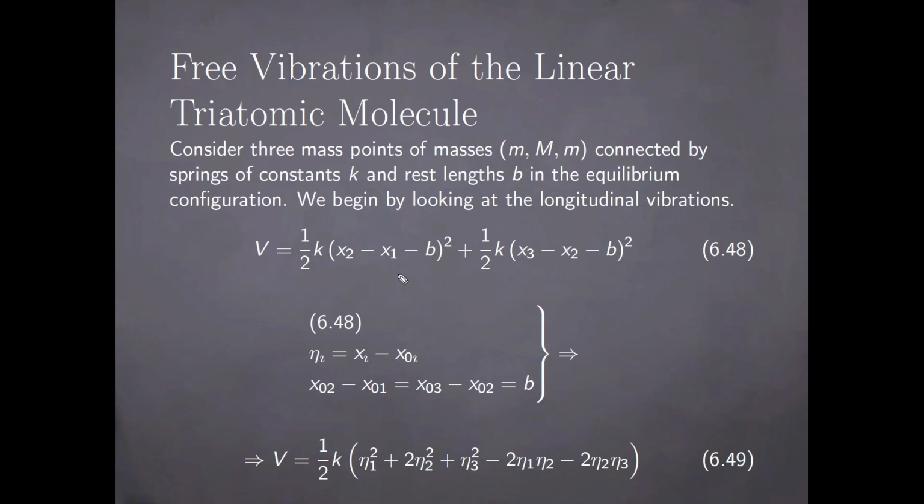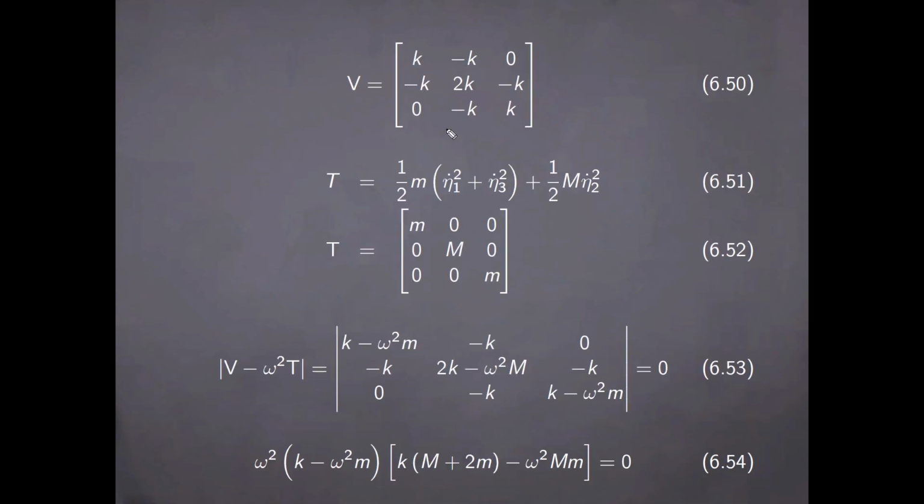So by using these transformations in the form of the potential energy given here, we can obtain this expression, and with this we can then immediately write the corresponding potential energy matrix or potential energy tensor, which is the one here.